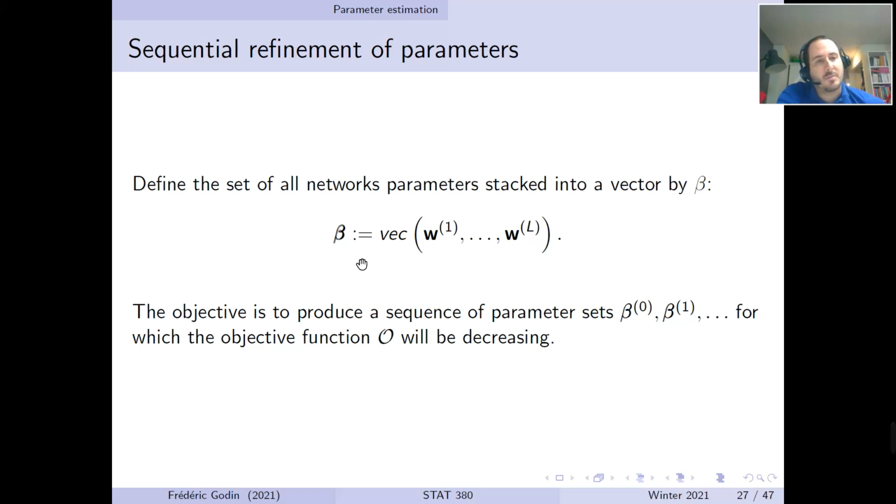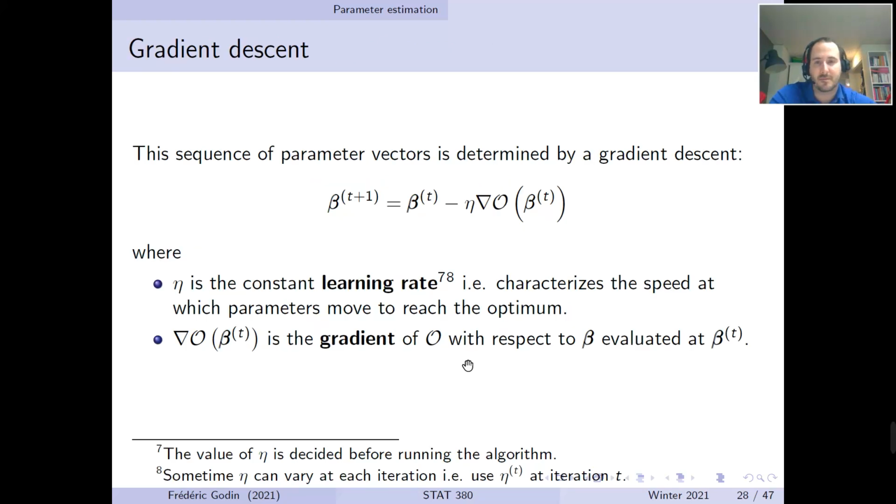The objective we're going to pursue during the estimation procedure is to construct a sequence of parameter vectors, beta 0, beta 1, etc., for which the objective function will be decreasing. So if you're in a least squares approach, you want to constantly refine your parameters. We're going to have an iterative procedure which on each iteration refines parameters such that the objective function is reduced on each step. So this is the objective.